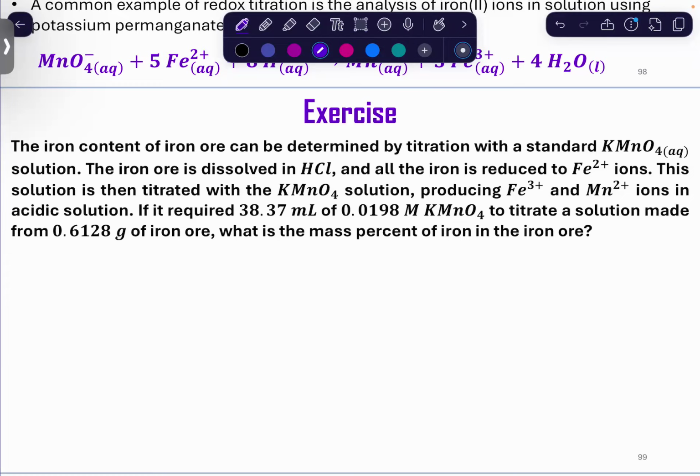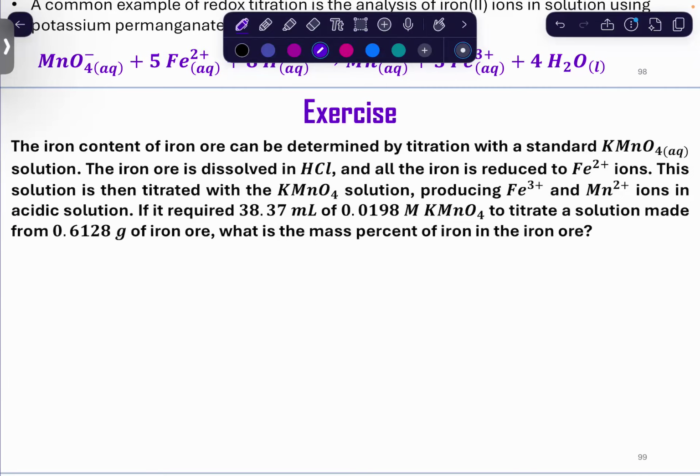Then you're going to titrate this solution with potassium permanganate, one of your oxidizers. That's going to produce iron 3 ions and manganese 2 ions in the acidic solution. You needed 38.37 milliliters of 0.0198 molar potassium permanganate to titrate the solution from 0.6128 grams of iron ore.